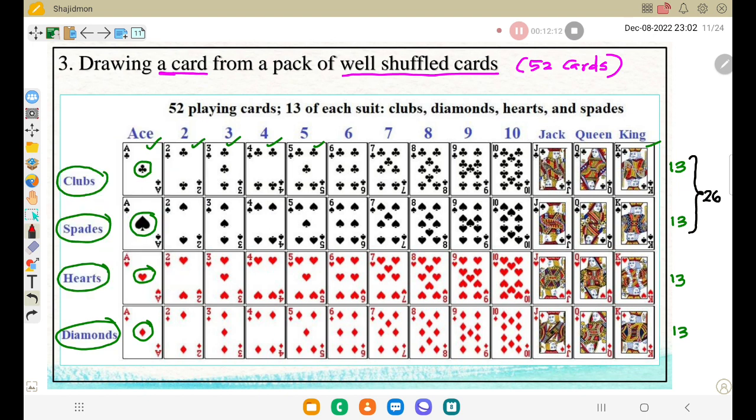And how many cards are red color here? Heart card and diamond card, these are the red cards, correct? So how many cards are there? 13 plus 13, that is 26 cards are red color, okay. So totally 52 cards, out of 52, 26 cards are black and 26 cards are red, correct?